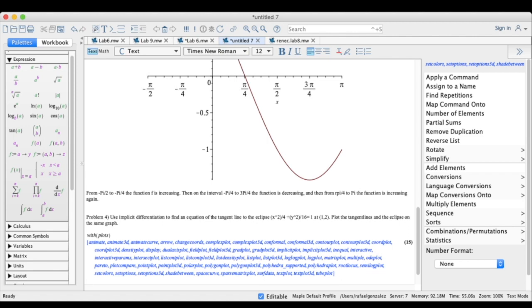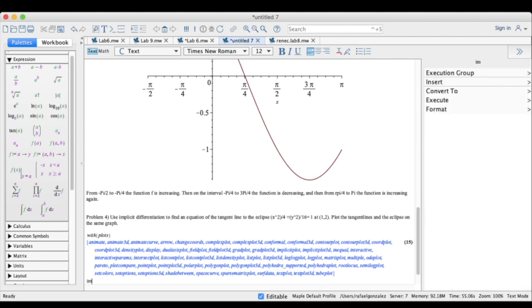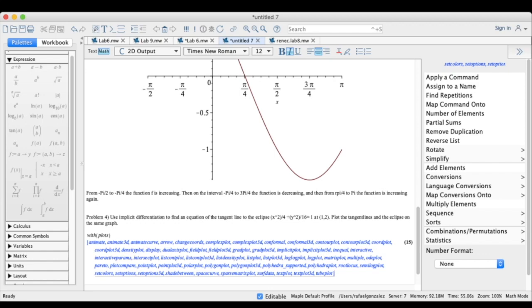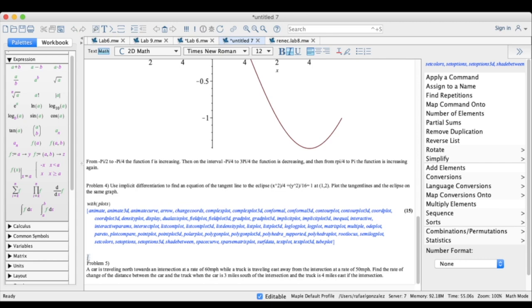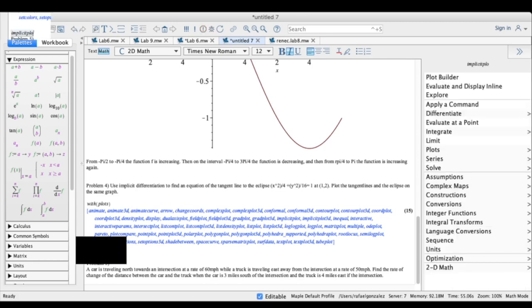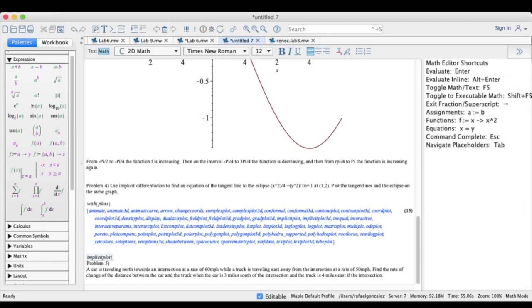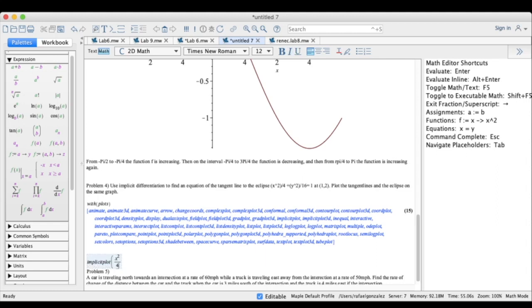So the first thing that I will do is actually plot this. So I will do implicit plot, and again, make sure that you're in math mode. What I'm plotting is x squared over 4 plus y squared over 16 equals 1.